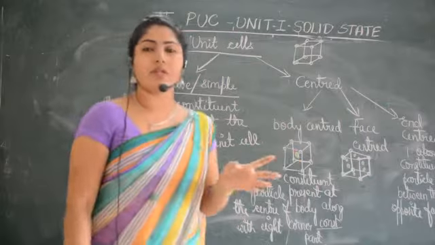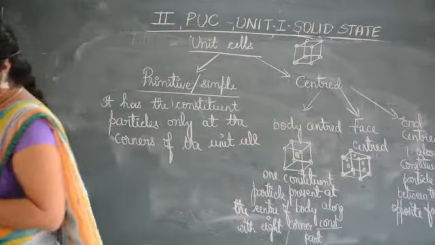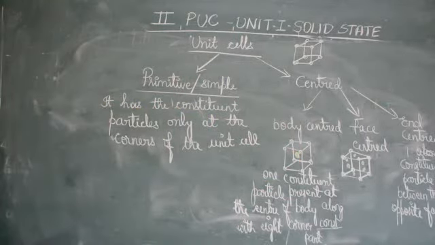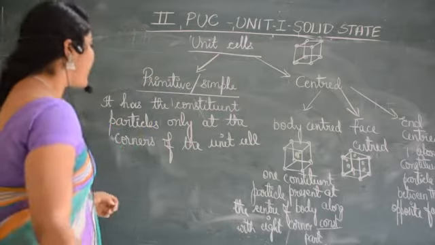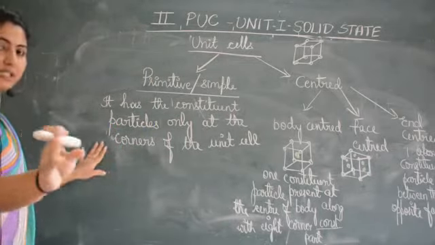So these are about the types of unit cells which are very important to be known. And I'll have to mention that there are 7 primitive cells. How many primitive cells? Make a note of this.